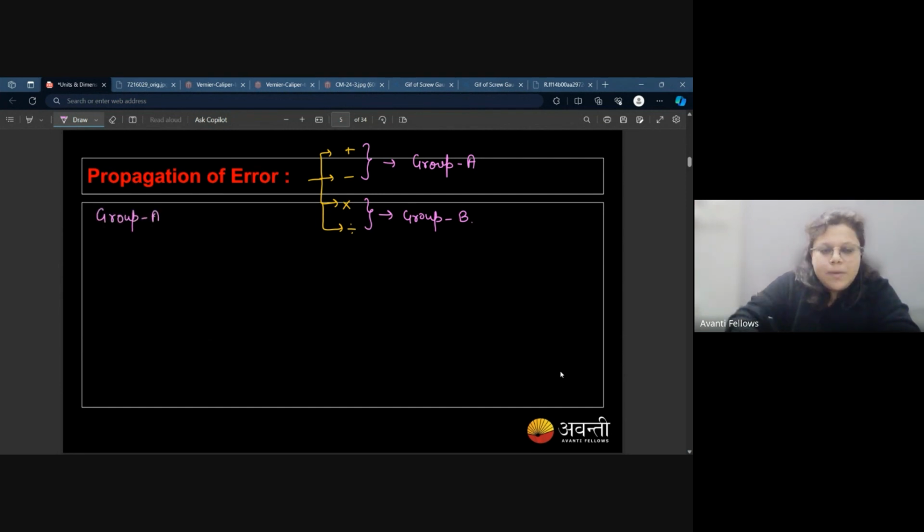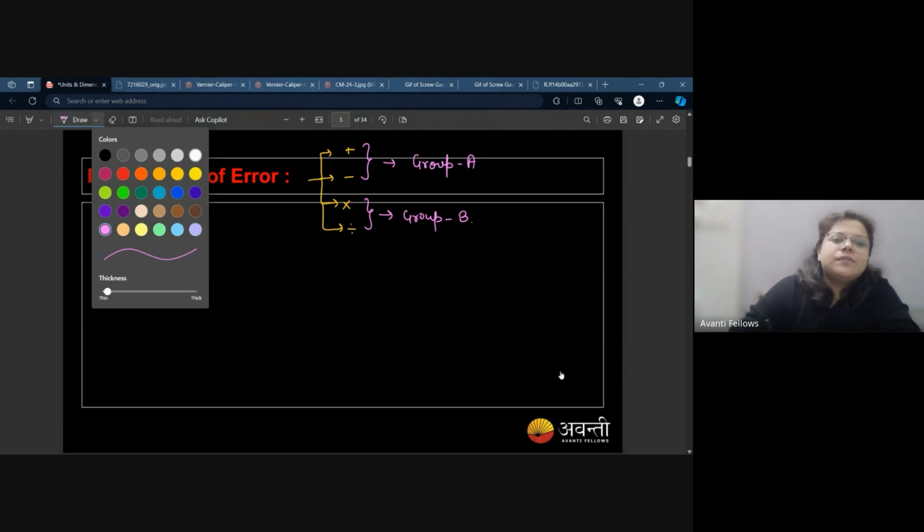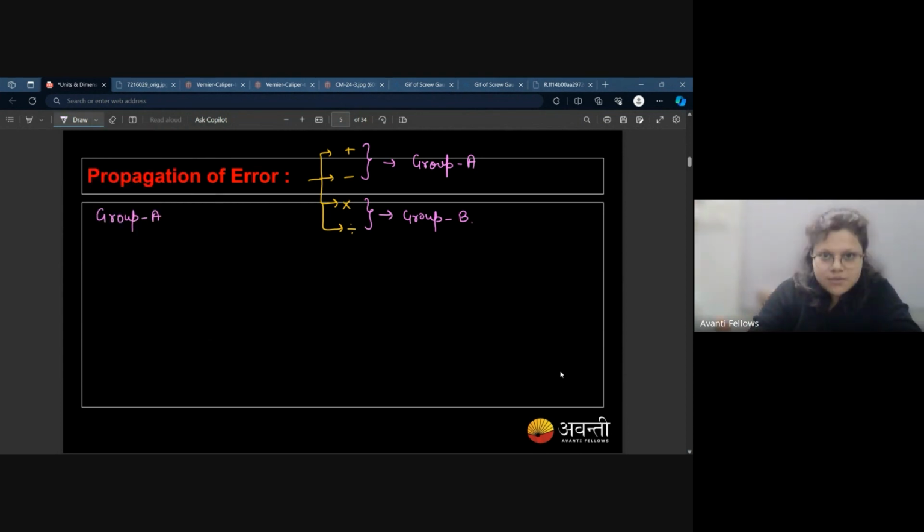No matter whether you have addition or subtraction in the given expression, let's say I have x = a + b, and if I have x = a - b, plus or minus won't make a difference when it comes to the propagation of error.